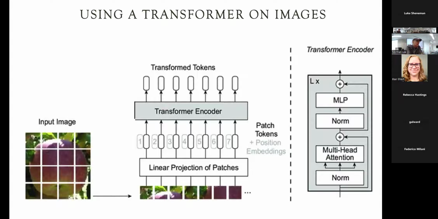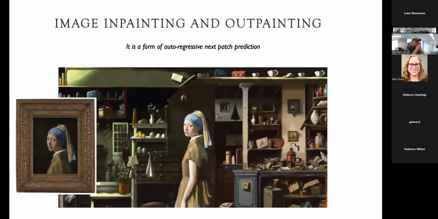Okay. Now you can start doing really cool stuff. You can do things like image inpainting and outpainting. This is a case of outpainting. I don't know if you have ever seen this particular picture, but they took this very famous painting and applied outpainting to it.